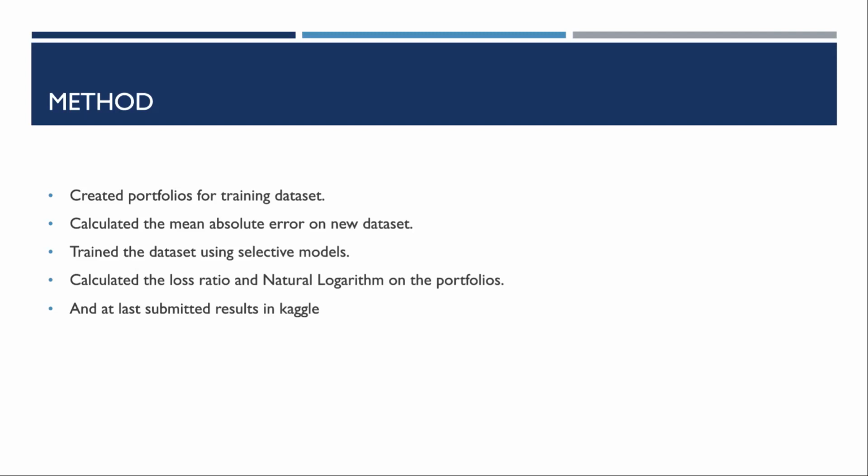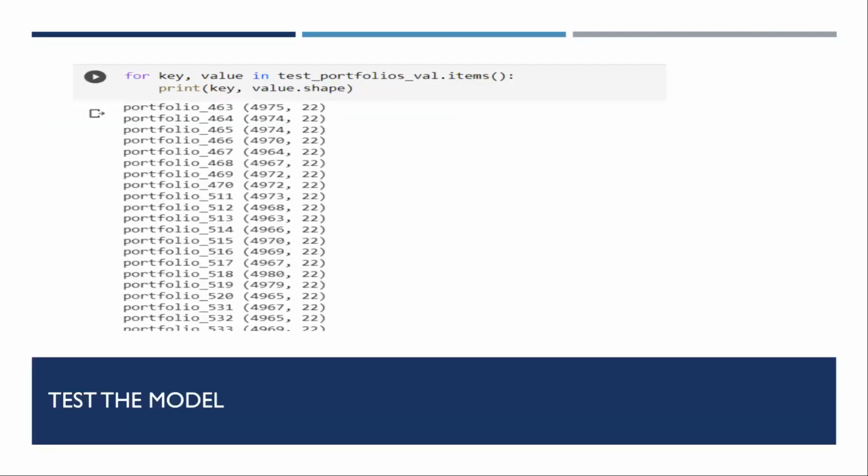And for the selected model, in our case random forest, we have found the loss ratio and natural logarithm for the testing data set, and then we submitted our results to the Kaggle leaderboard. So here is an example of the testing model.